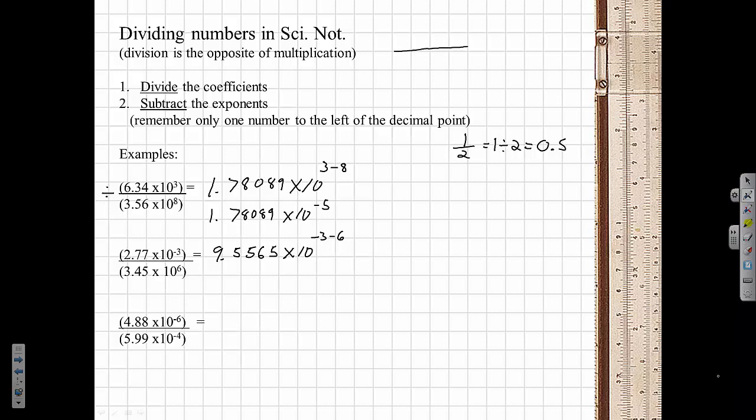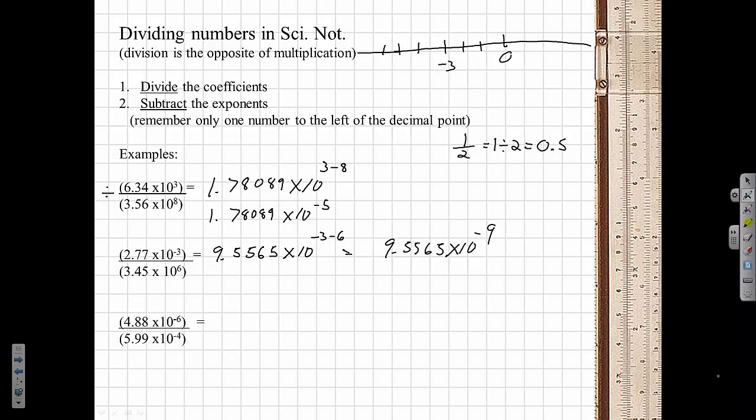Remember, this is 0, negative 3, 4, 5, 6. So we're going to subtract from negative 3, and we get to negative 9. So this becomes 9.5565 times 10 to the negative 9.